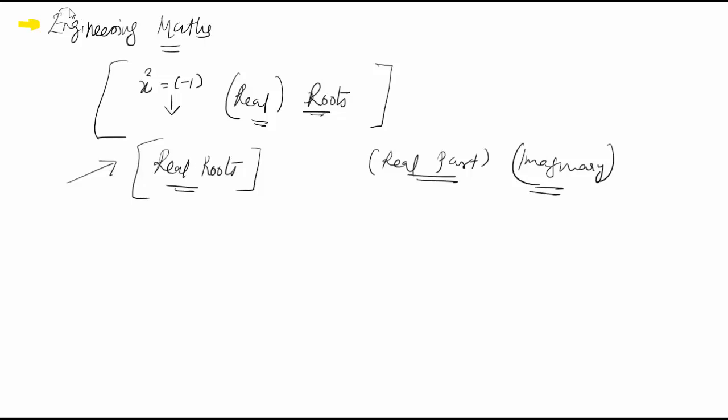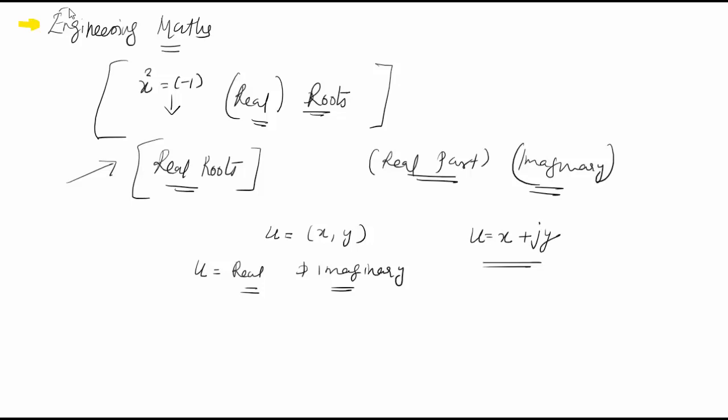So if you have a number u which is given by xy, then the number u will have a real part and an imaginary part, and it's possible to write such numbers in such a way that u is equal to x plus jy.